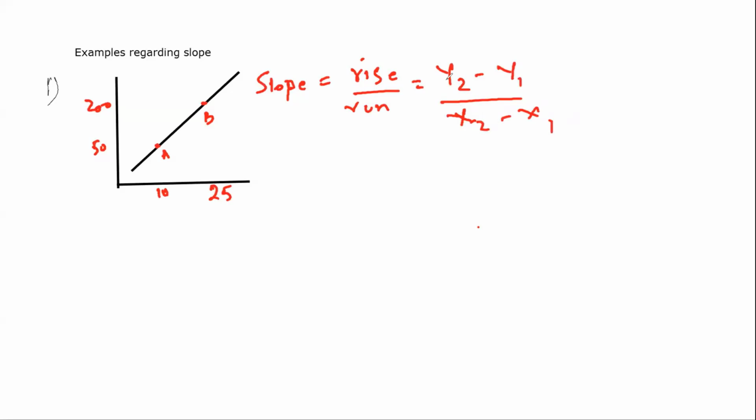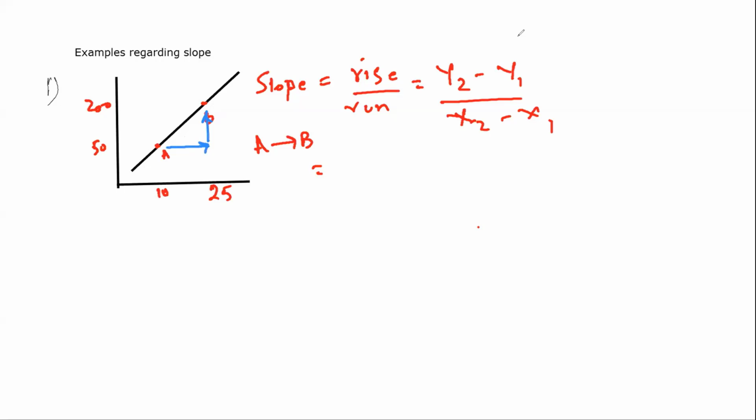So 2 means new value, 1 means old value. So if we move from A to B, first we run a little, and then we rise a little. So this way we move from A to B.